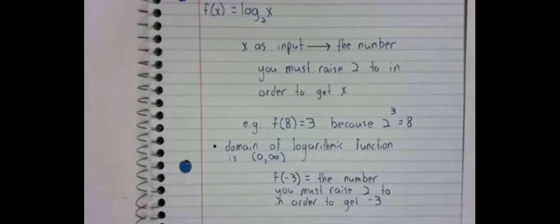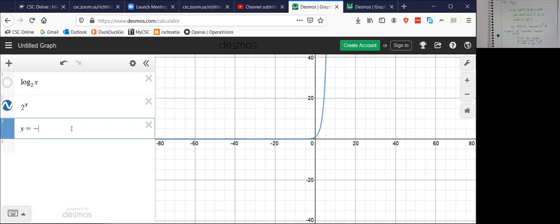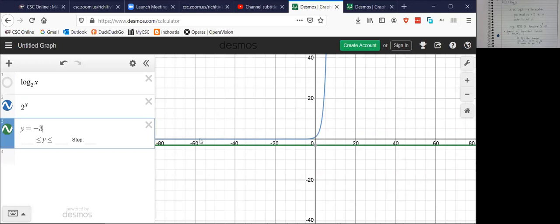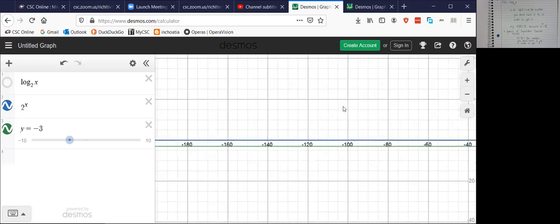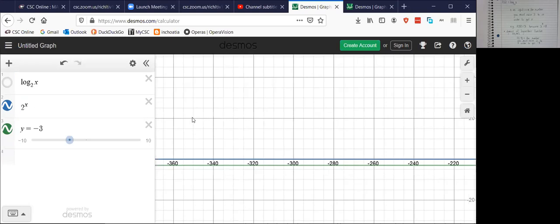However, going back to our graph and hiding this for a moment, 2 raised to any number is positive. So here's 2 to the power of x. When does this equal -3? When does it hit this green line? Well, it never equals -3.